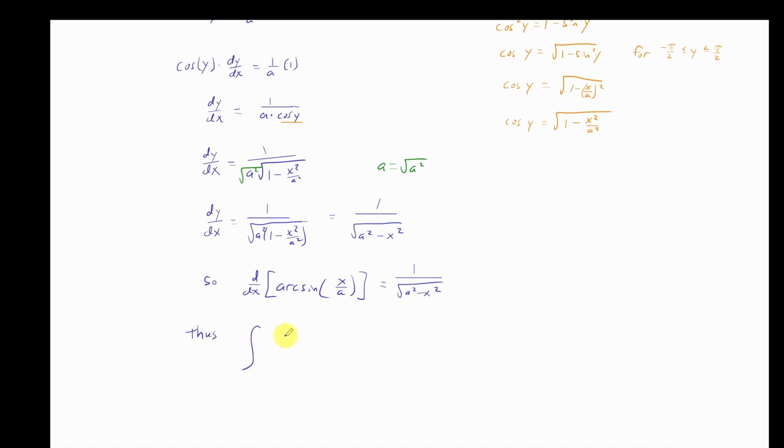That means that going backwards, if I was integrating 1 over the square root of a squared minus x squared dx, I would just get arcsine of x over a plus c. So this gives me an integration formula.